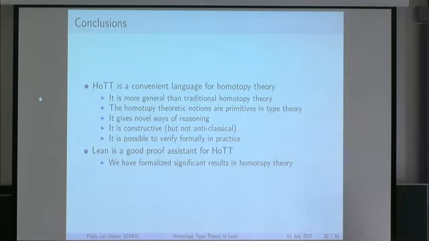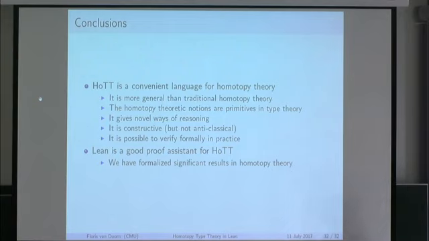It is constructive, but I want to point out it's not anti-classical. You can consistently assume the law of excluded middle or the axiom of choice if you want, and still do homotopy type theory. And that is perfectly fine. And it's possible to formally verify homotopy theory in practice.